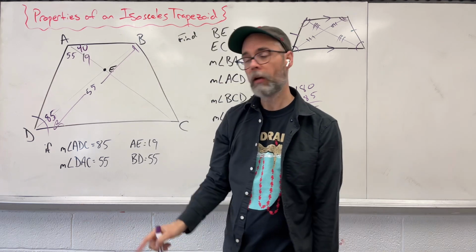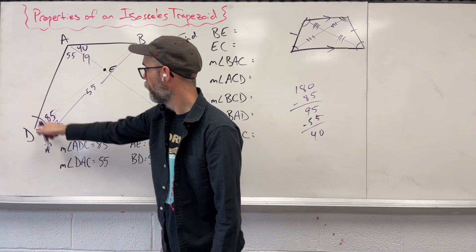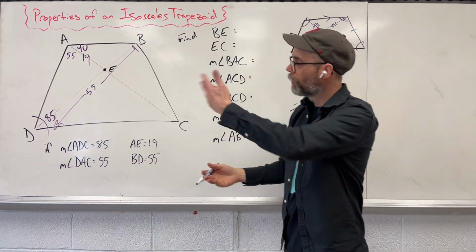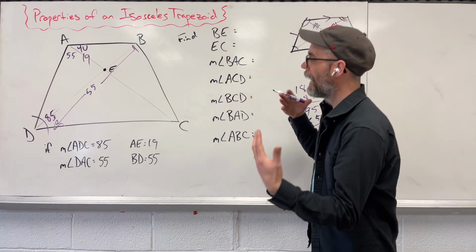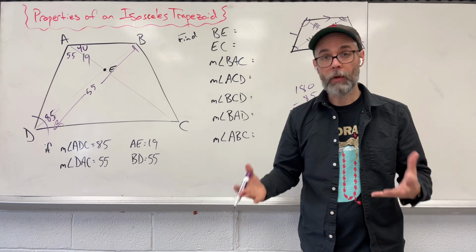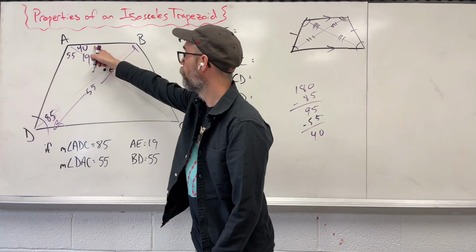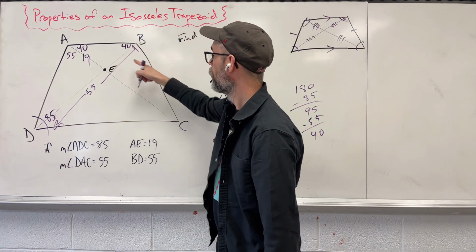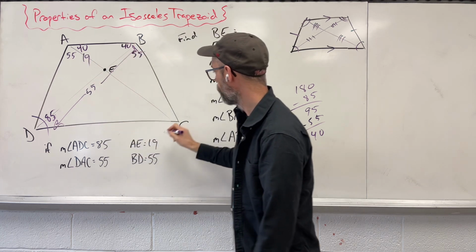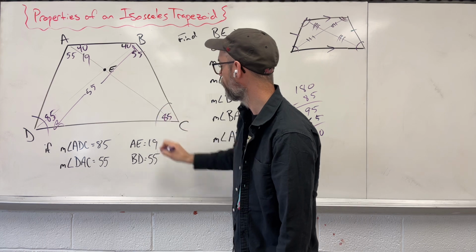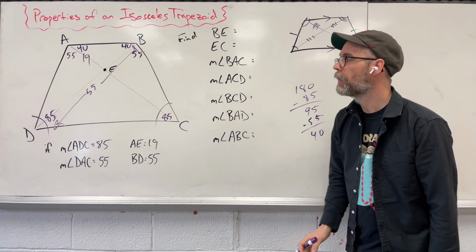There's your missing angle up there. Now if I take these two consecutive angles and add them up, I get 180 right there. Since it's isosceles, things are going to match up. If I have 40 there, that's 40. If I know 55 here, this angle has to be 55. Down on the bottom, I know this whole thing is 85, and I just leave it like that.